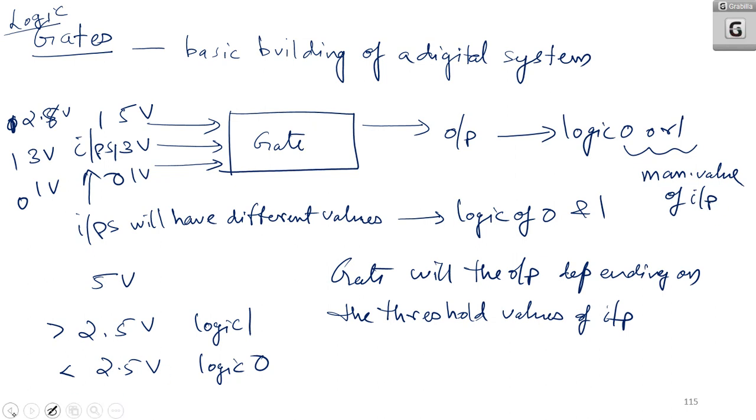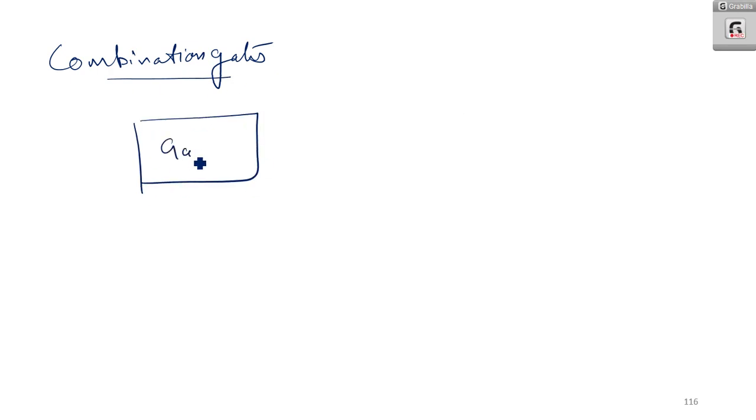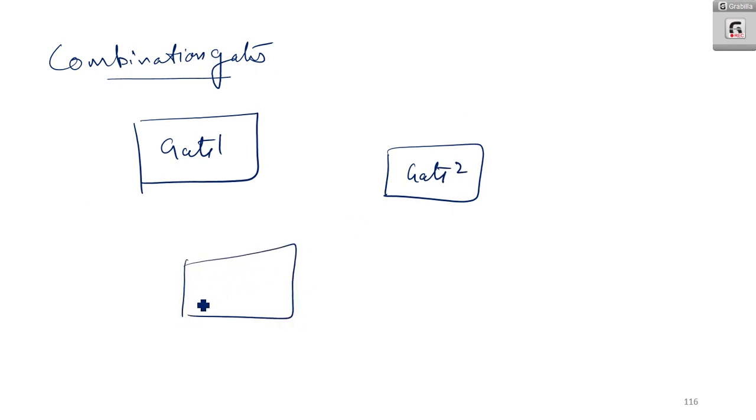Now, if you need to build a digital system, you need to have different combinations of gates. You may have gate 1 here, gate 2, and gate 3, and you can have any number of inputs.